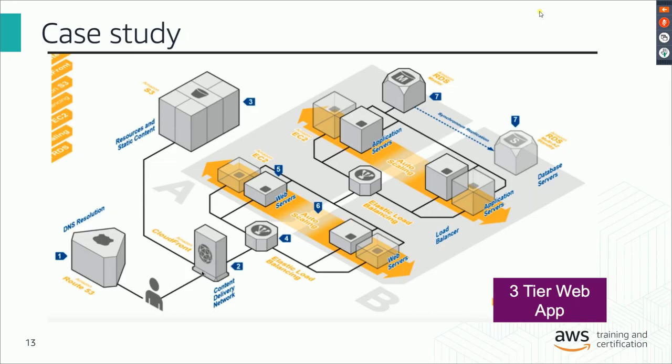You're using standard Route 53 for accessing the app. Standard DNS resolution hits CloudFront, then you go to an ALB, then your web servers, again load balancers, then the application servers, and you have databases. Your static resources are stored in S3. This is what I'll be referring to a couple of times as we go through each of these pillars.